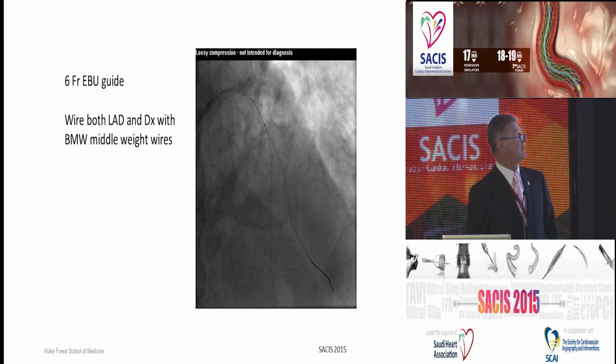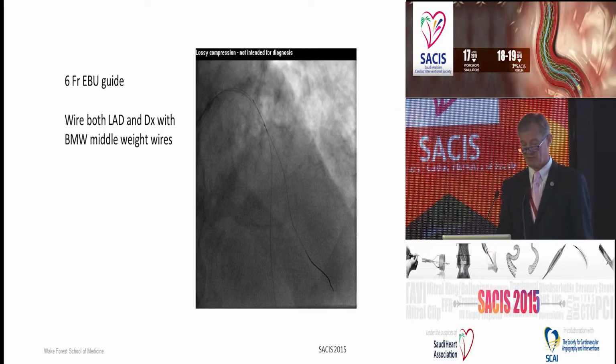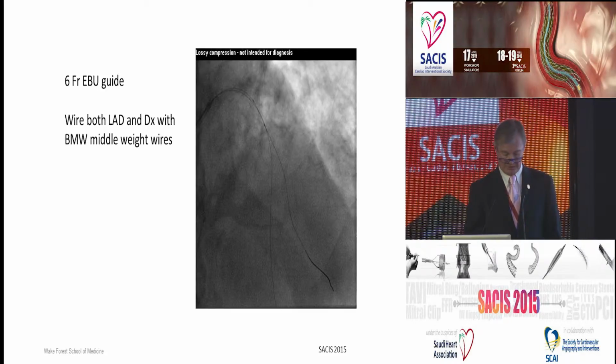Here we have wires in both the LAD and diagonal. Oftentimes when there's a subtotal occlusion of one of the side branches, it's very hard to understand whether or not you would need to revascularize that vessel at all.